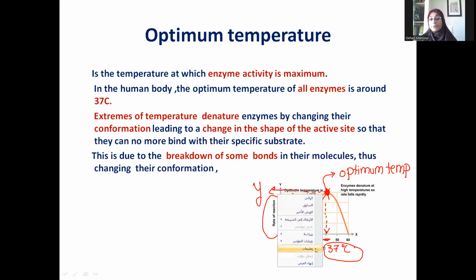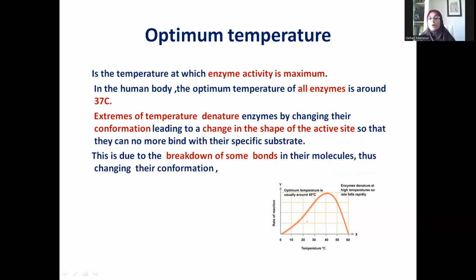But what happens when we are around the optimum temperature? What happens when we go farther from the optimum temperature? If this is the optimum temperature for that particular organism, then when you raise the temperature, what happened to the enzyme activity? The enzyme activity dropped. And what happened on the other side if you lowered the temperature?